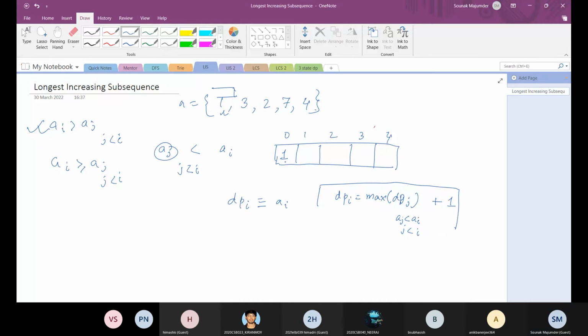In this example, only one element is less than that, so this qualifies, and its dp of j value is 1. So the max of this value becomes 1 plus 1. This plus 1 is because I am appending another element, a of I, to an already existing subsequence. So now dp of this one becomes 2.